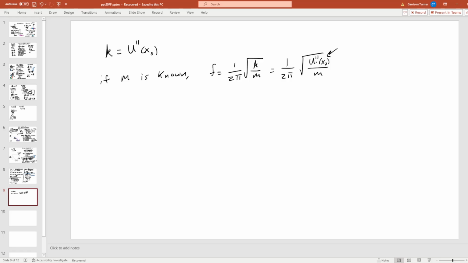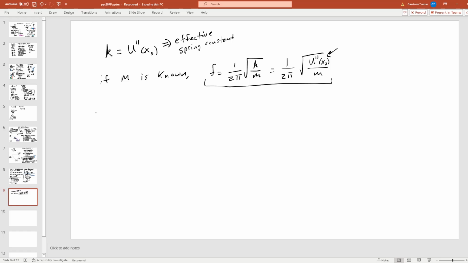So all we need to do is find the second derivative, evaluate it at the equilibrium position, and then plug it into this formula to find the frequency. Okay? So this is your effective spring constant. Your second derivative of your potential energy evaluated at the equilibrium position is your effective spring constant.